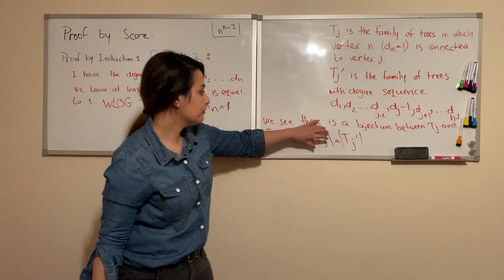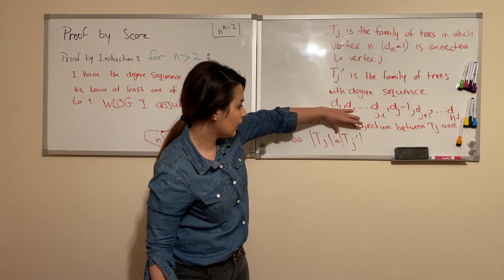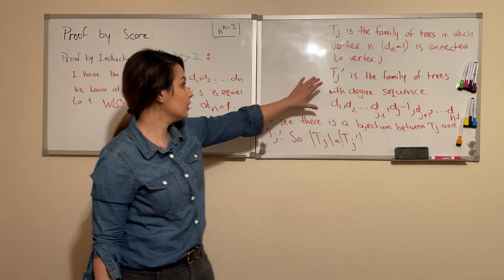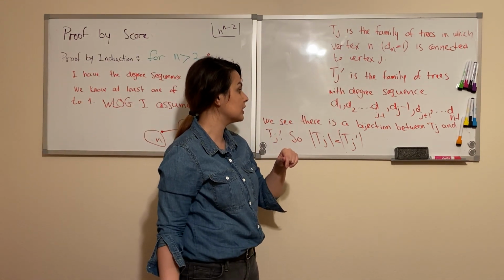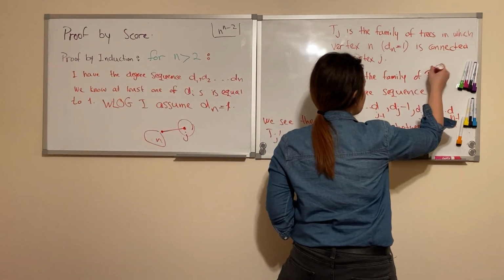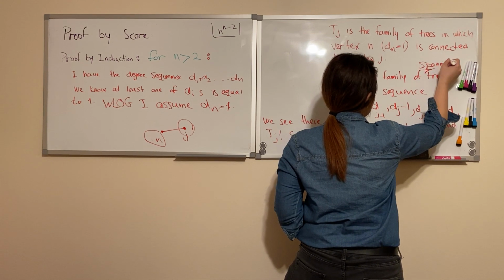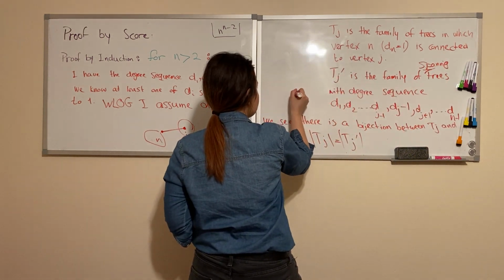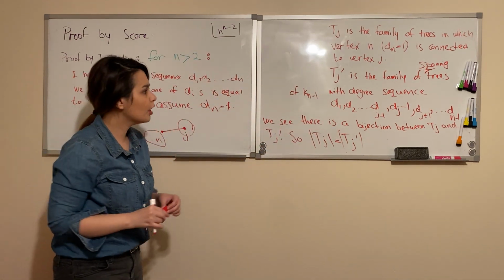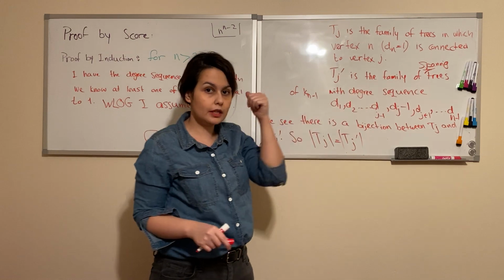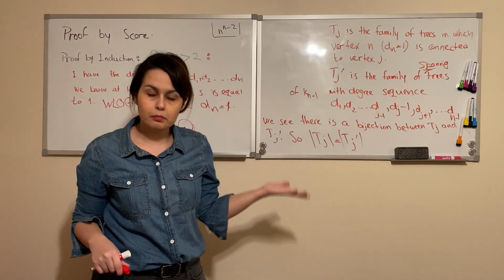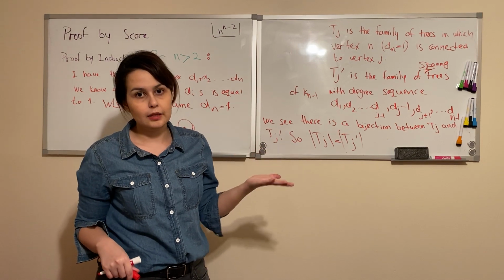Okay, I want to find that number, but for this one I have some information, because Tj prime is a family of spanning trees of K n minus 1 with that degree sequence. So I already know that number by the induction hypothesis: we believe the statement is true for n minus 1.